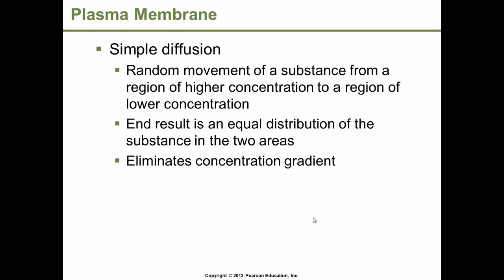So simple diffusion is just the movement of molecules from an area of higher concentration to an area of lower concentration, eliminating that concentration gradient and equalizing distribution of the substances in the two areas. It does not require any energy.